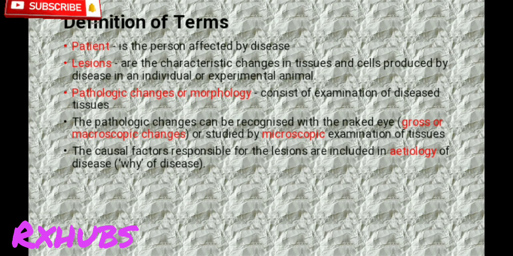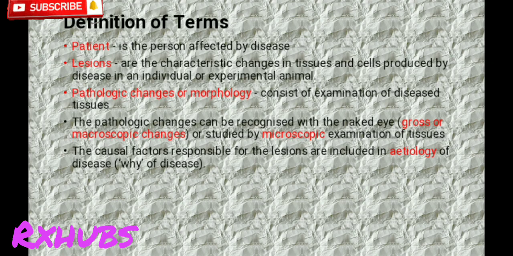There are some definitions that we have to know in order to understand pathology. We have to know the patient. The patient is the person affected by the disease, while lesions are the characteristic changes in the tissue and cells produced by the disease in an individual or experimental animal.